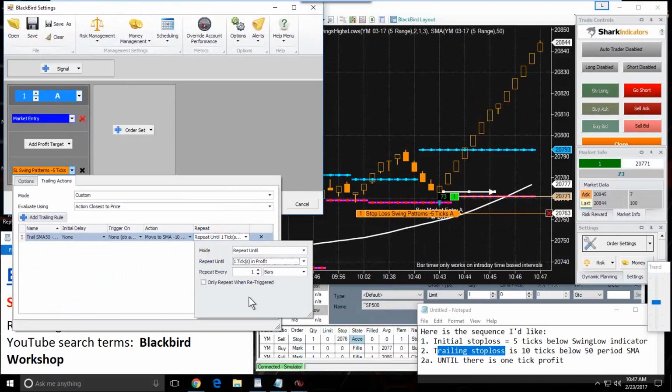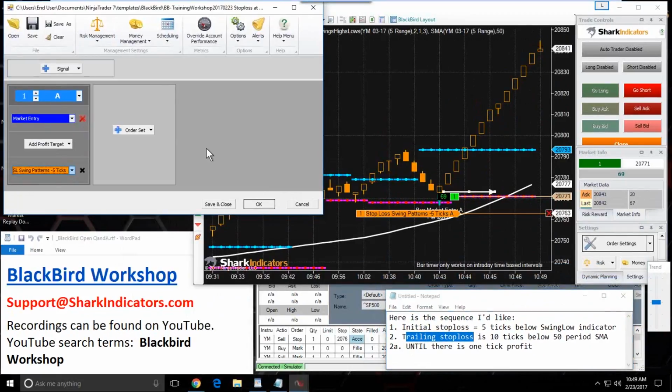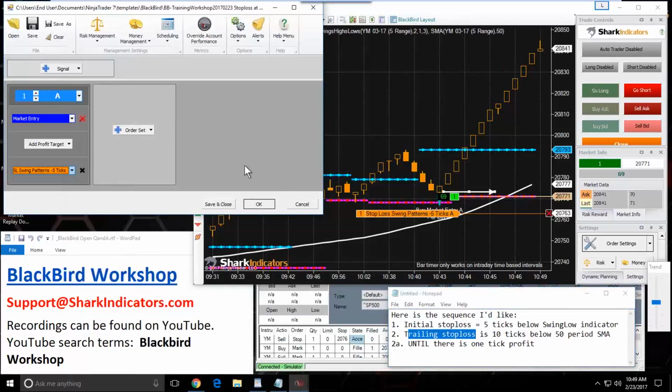So we'll have to take a look at that and verify if there is an issue or not. But that is how it should be done. That is how we would set up these trailing rules here. At least we'll have this in our catalog of BlackBird files, and we'll get this working here as soon as we can.